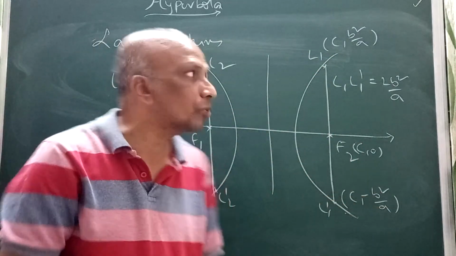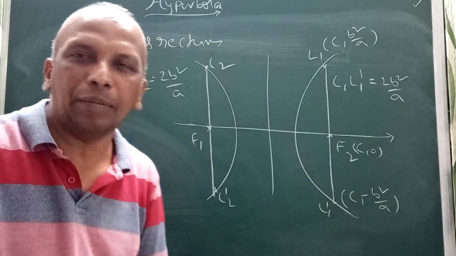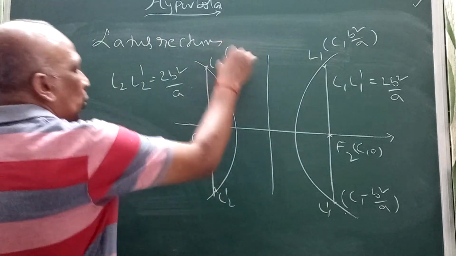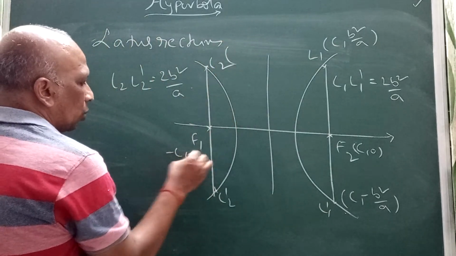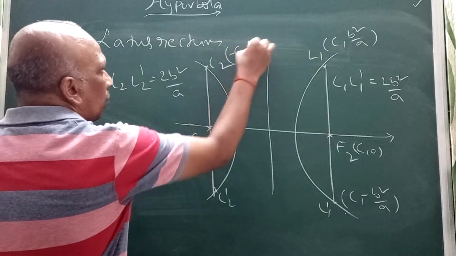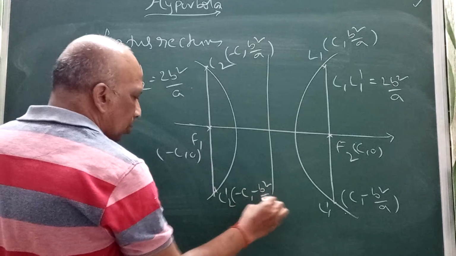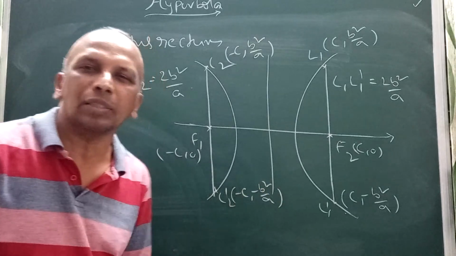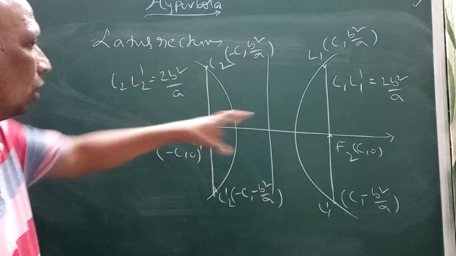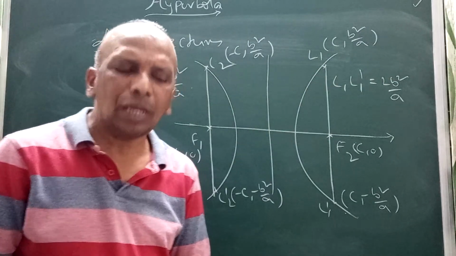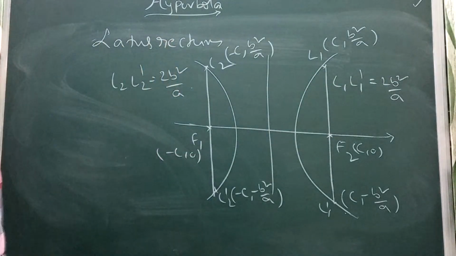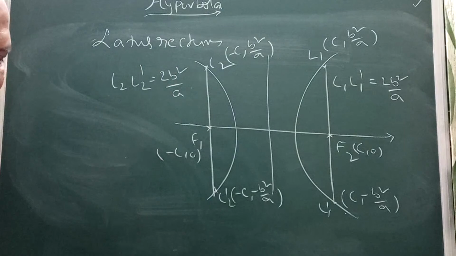For L2, the focus is (minus c, 0), so the points will be (minus c, b square by a) and (minus c, minus b square by a). Total length is 2b square by a. The length of the latus rectum is equal to 2b square by a. That is the formula.